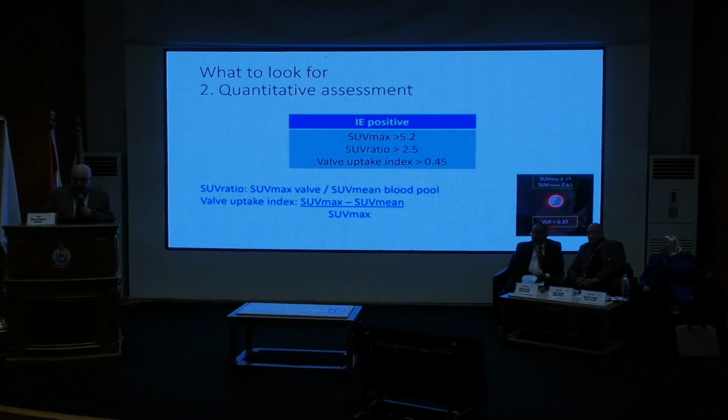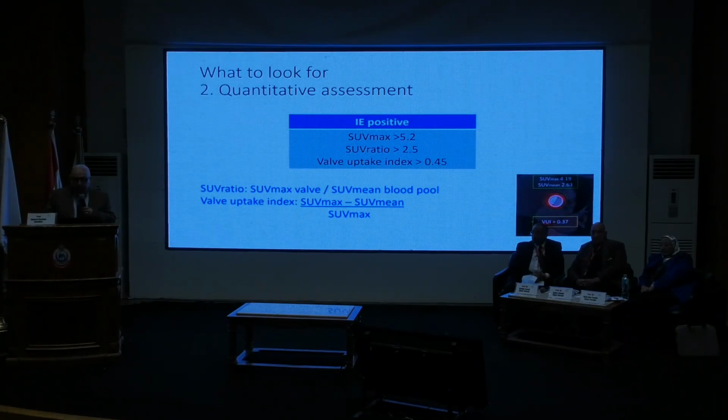The quantitative assessment, we have different quantitative measurements. Of course, the SUV max and the best cutoff we have is more than 5.2. We have SUV ratio and we have valve uptake index.